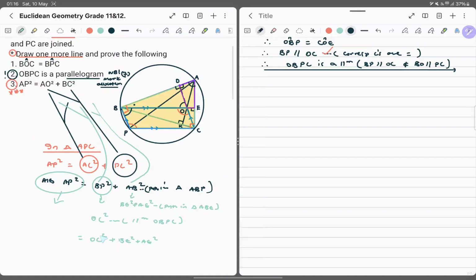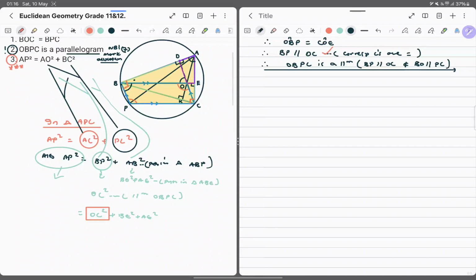And now we've got OC squared. We can see that in this small triangle, OC squared can be EC squared and OE squared.